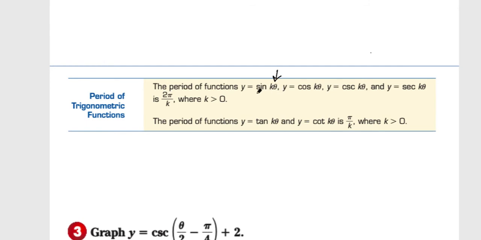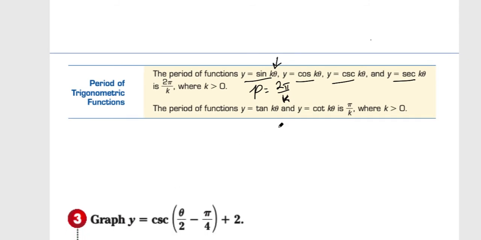We've done this before with sine and cosine, but what we're seeing is that it extends to cosecant and secant, which I don't think was that earth-shattering. I think you kind of had that idea. So if you wanted to find the period, it would be equal to 2 pi divided by k. I write it as b when we write our formula, but whatever. So 2 pi divided by k, Desmos does k, as you guys saw from the last example. All right, so that's going to be the period.